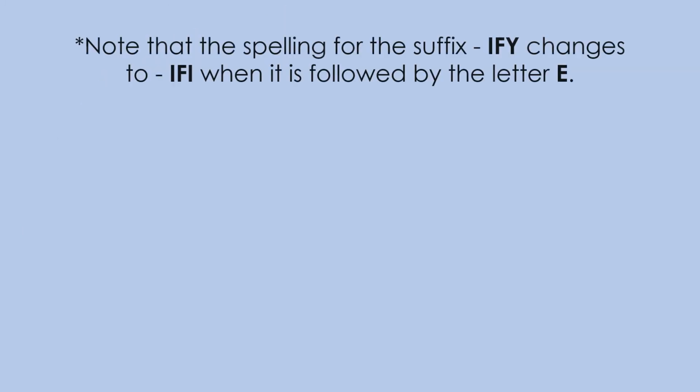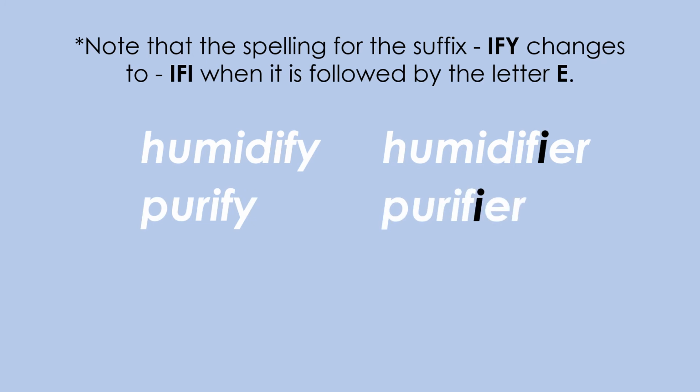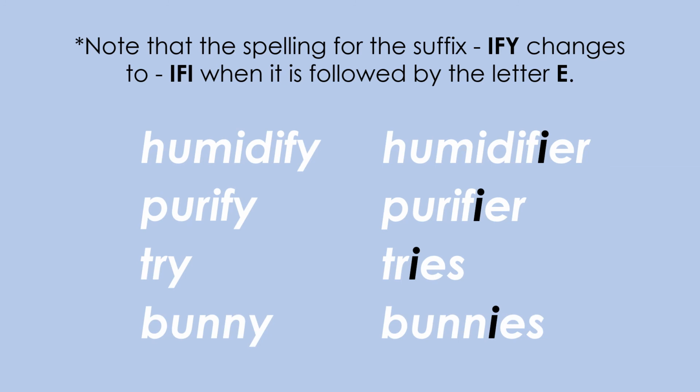Note that the spelling for the suffix ify changes to ifi when it is followed by the letter e. This spelling rule also applies to third-person verbs and plural countable nouns that end with the letter y.